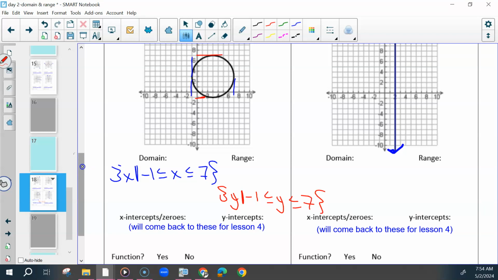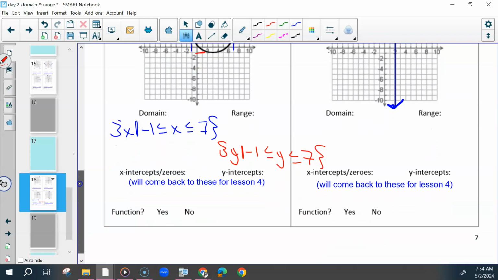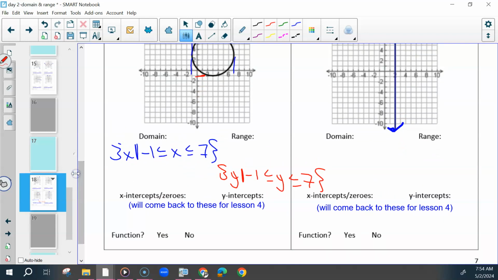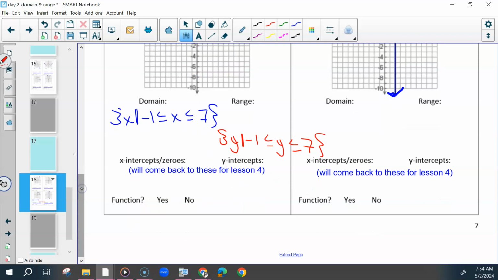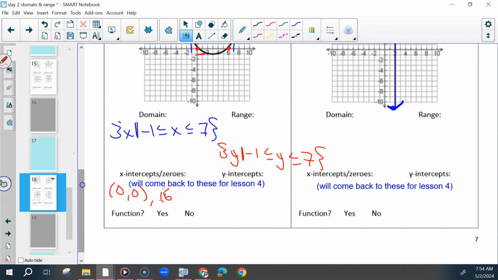So usually when you see a circle, they should be the same, but that's not always the case. It depends on where on the graph it is. Do we have x-intercepts? Yes, where are they? 0, 0, and 8, almost 6. If they're a little off, you could make up one.